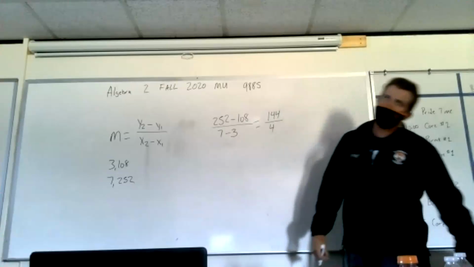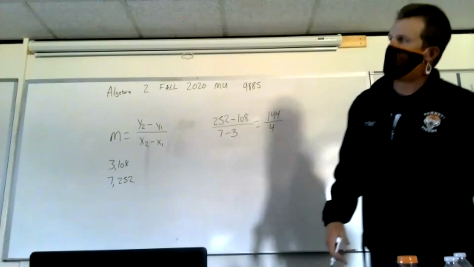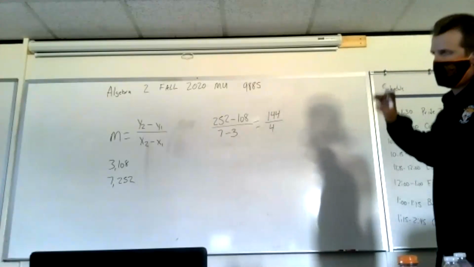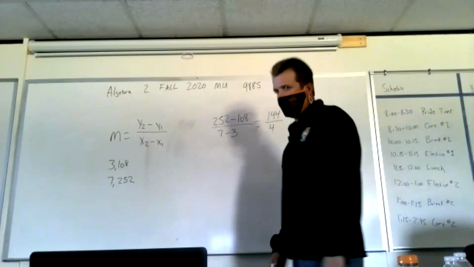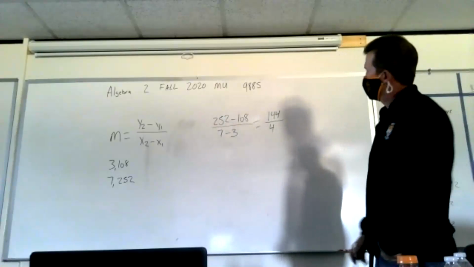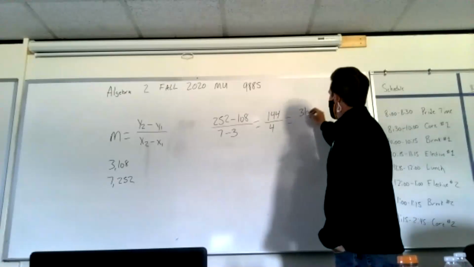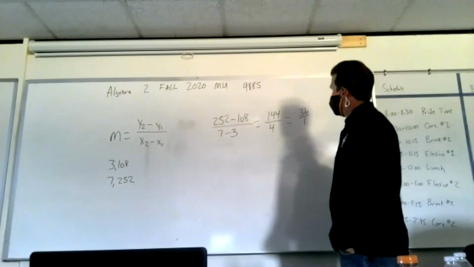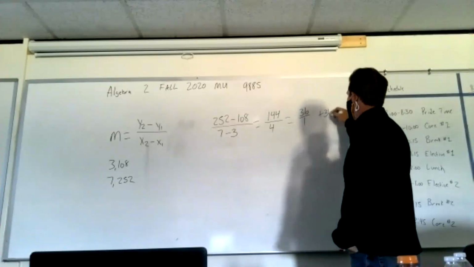Believe it or not, that's an acceptable way to present the slope, but this can be reduced. 4 goes into 144 36 times. So this would simplify down to 36 over 1, which would give us a slope of positive 36.